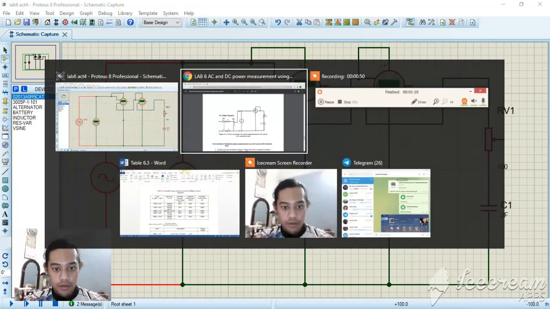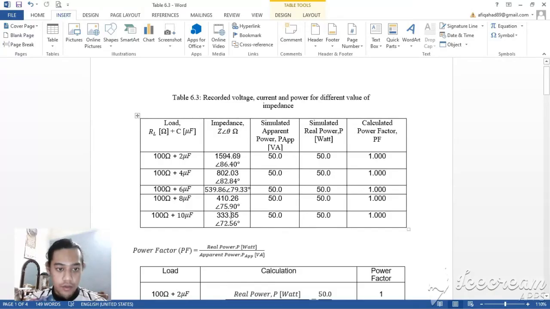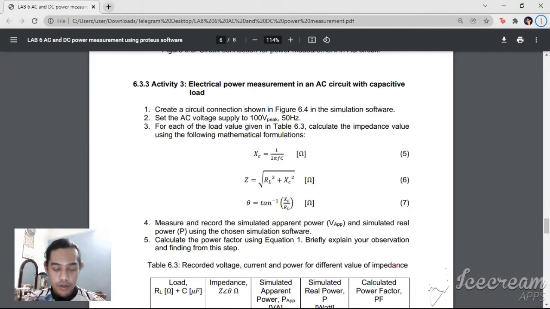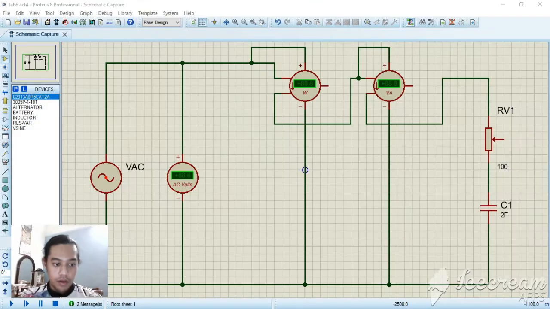And then we have to calculate the value of impedance using this formula. For the next step, we have to simulate the circuit and measure the apparent power and real power.